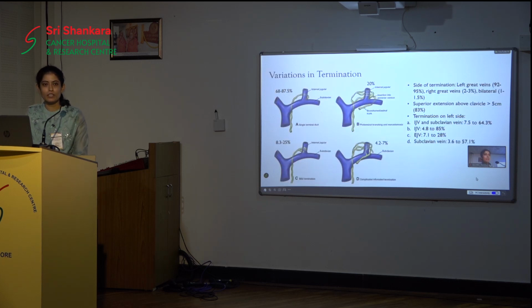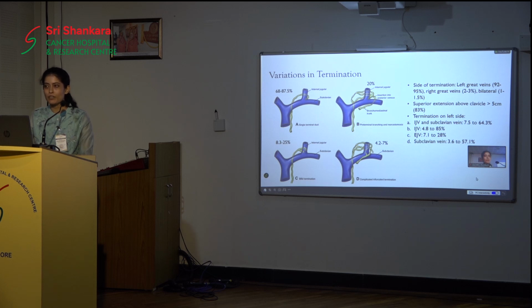Coming to the termination of the thoracic duct, since this is the anatomy that we frequently encounter during neck node dissection, you can either have a single termination of the thoracic duct without any associated ductules, or you can have multiple ramifications which then join together and finally drain into the lymphovenous angle, or you can have multiple ductules draining separately into the venous structure.